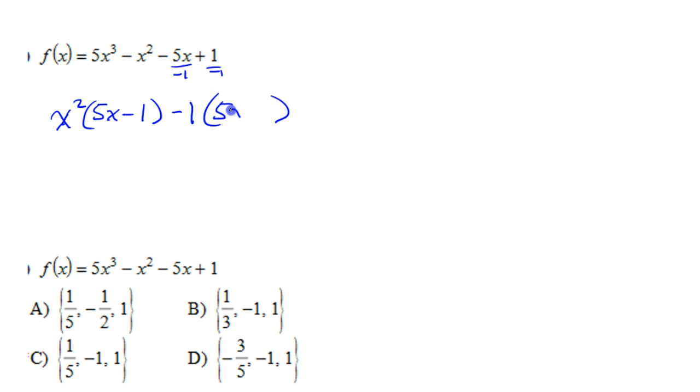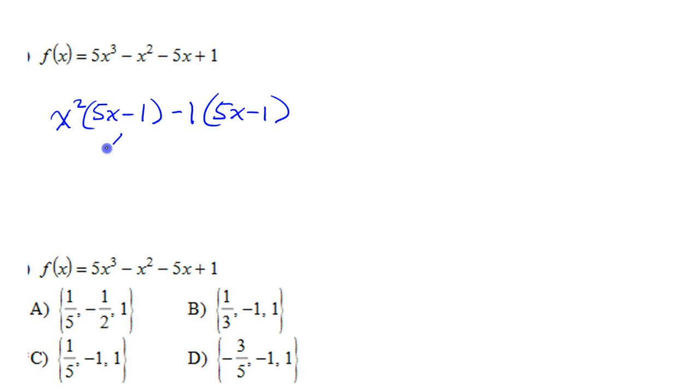So that will leave me with 5x minus 1. Imagine doing the distributive property with this negative 1. Negative 1 times 5x, that's negative 5x. Negative 1 times negative 1, that's positive 1. So it makes sense that I have a negative 1 out front here.